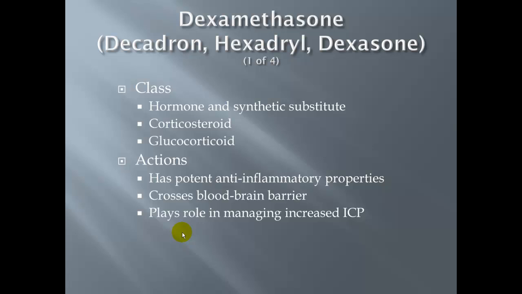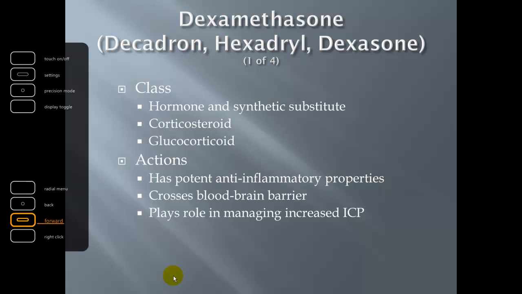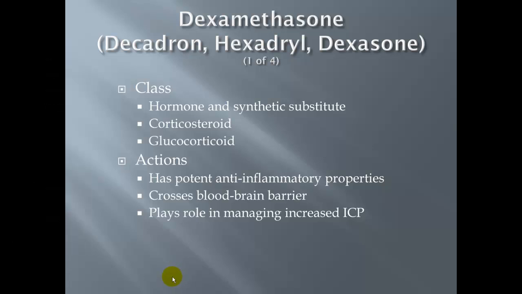Dexamethasone, Decadron, is a hormonal synthetic substitute for corticosteroid or glucocorticoid. Actions: has a potent anti-inflammatory property, crosses the blood-brain barrier, plays a role in managing increased intracranial pressure, and this would be another thing that we can actually use. This is used for high altitude edema as well.